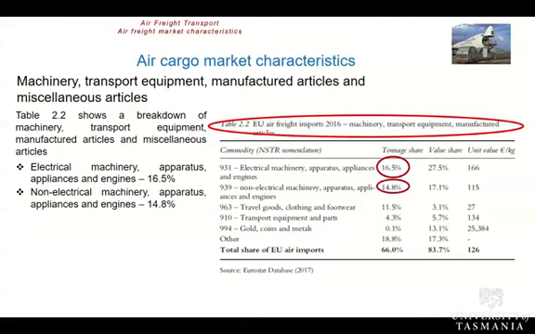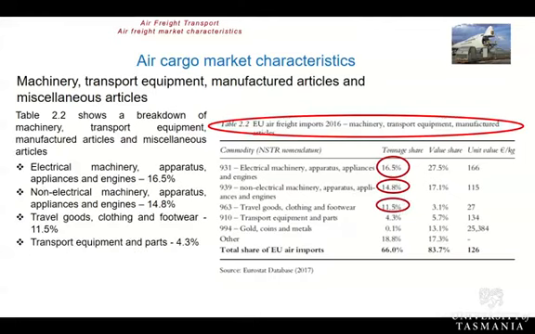So we're looking at high-tech type products, around about 30% of the goods. Travel goods are quite high. Transport equipment, which is most likely going to be aircraft, automobiles and other forms of transport, is at 4%. And while only a very small percentage, it's very significant: gold coins and metals at 0.1%. And other, which is a range of other things that fit into that.